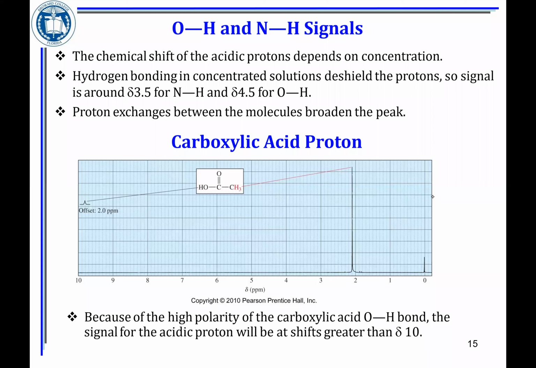Carboxylic acid. How do we know we have carboxylic acid? It says 2 ppm offset. What it means is that this signal appears at 12. So basically, if the scale was 0 to 12, this signal would appear at 12.